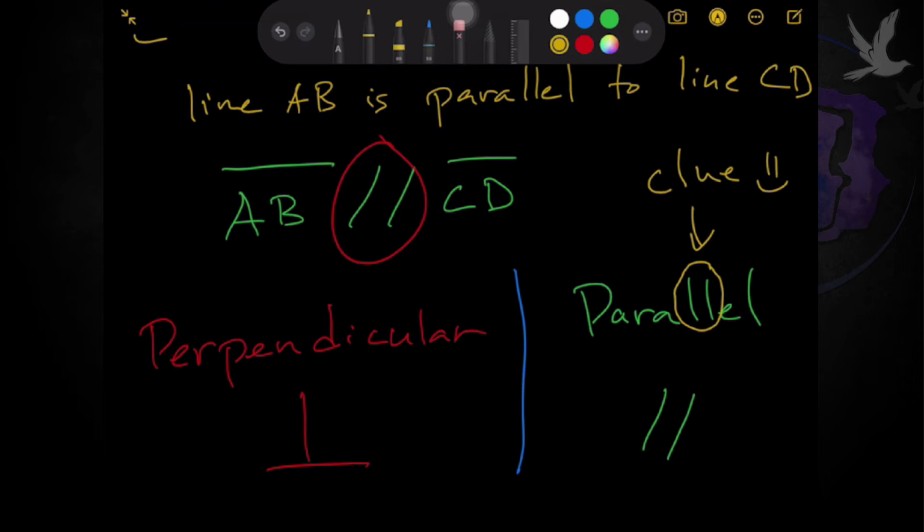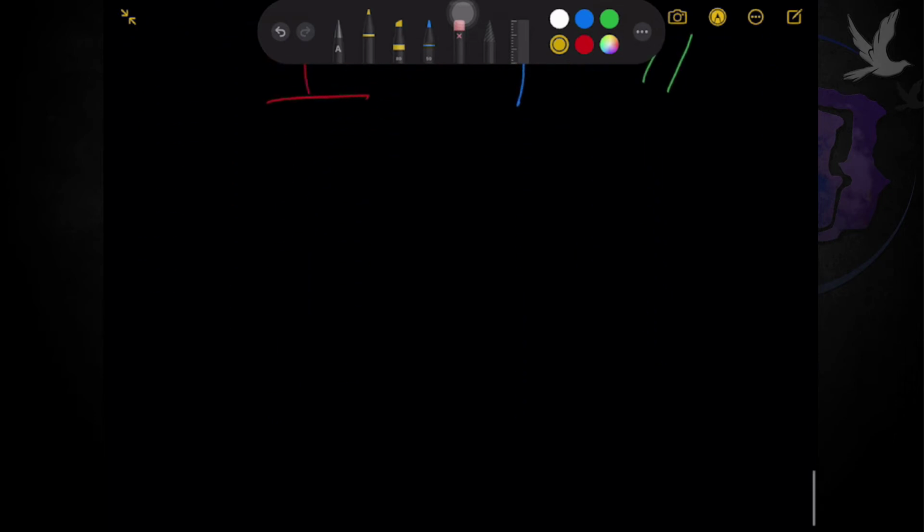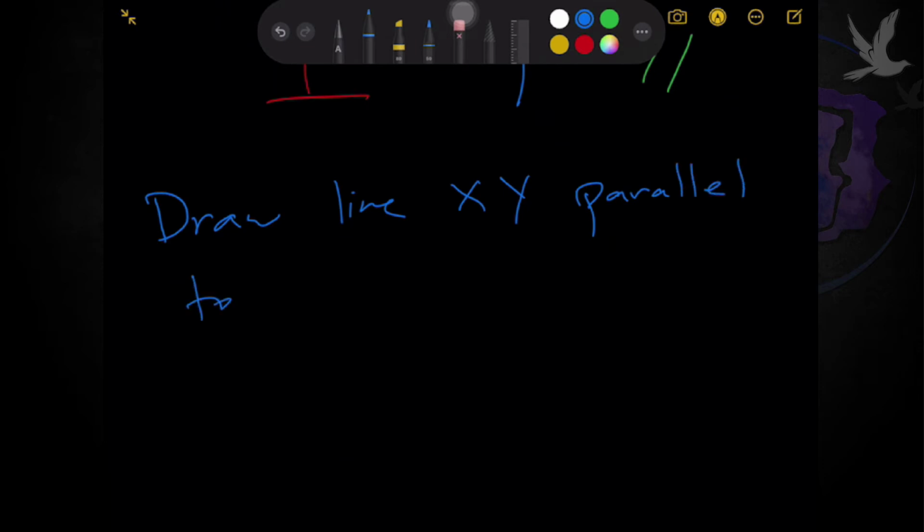Identifying perpendicular and parallel. So, ibig sabihin, if you have a task to draw, for example, draw line XY parallel to line AB.